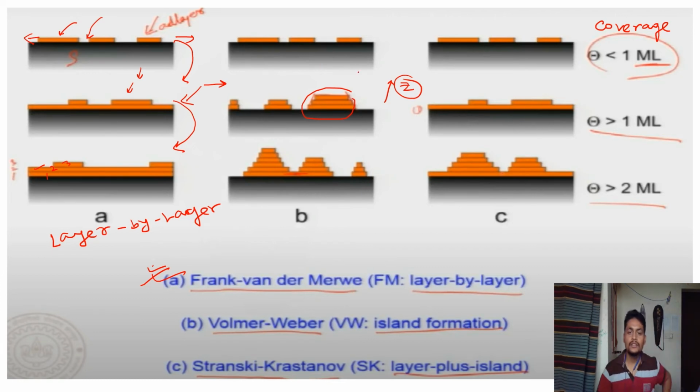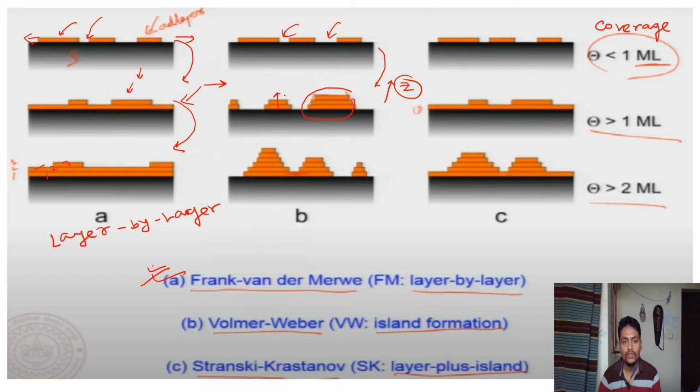And now, just see this. This is exactly the opposite of layer by layer. Whatever the coverage was, when the coverage was very low, obviously some kind of islands will form automatically. Now, if we increase the coverage, in the previous case, the layer was forming, then islands, then on top of that some kind of layer was forming. Now here, these spaces are not covered.